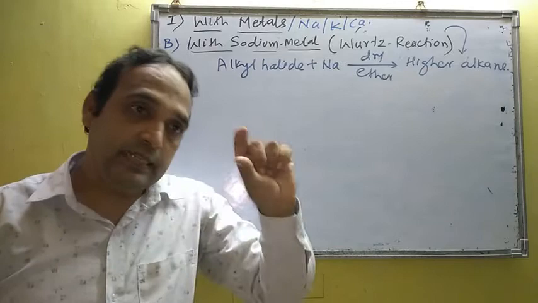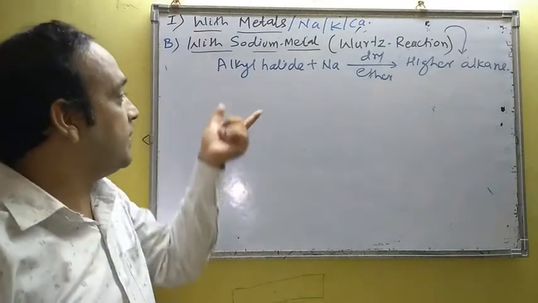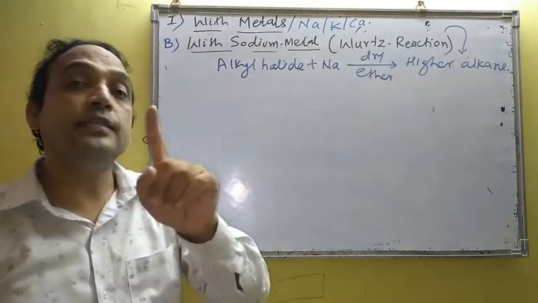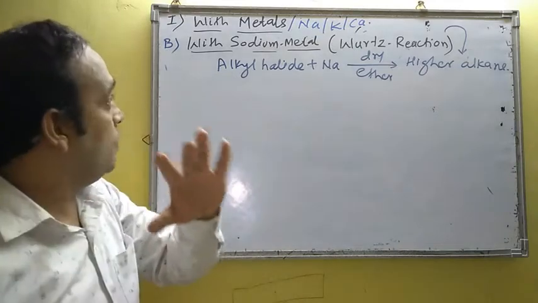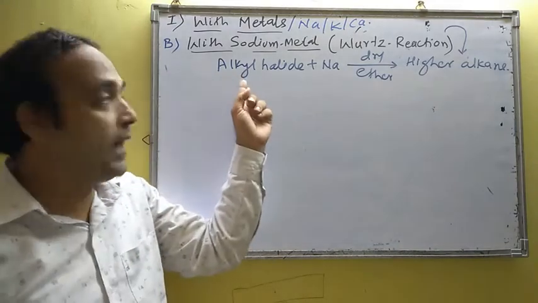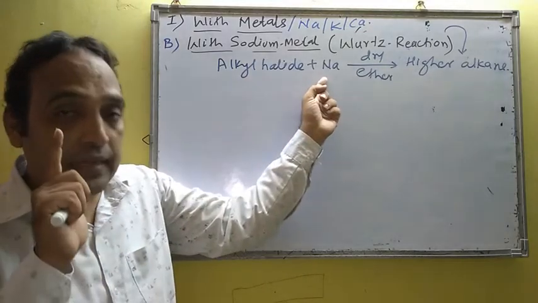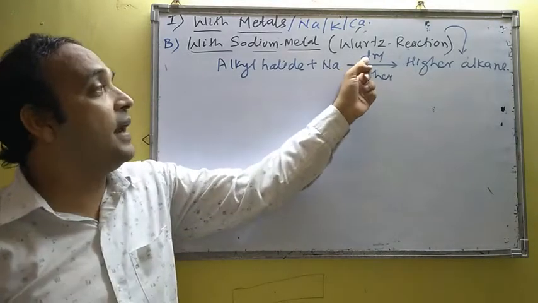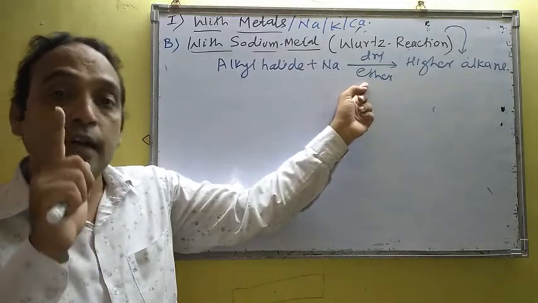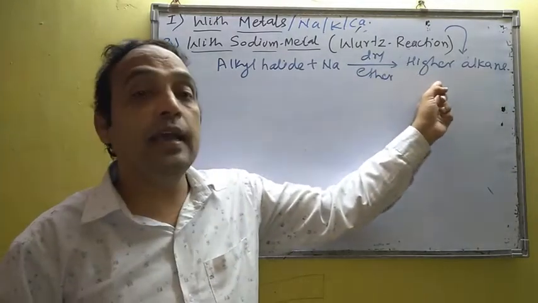When you write this statement, it carries 1 mark, and the reaction carries 1 mark. So what is the Wurtz reaction? A reaction in which alkyl halide reacts with metallic sodium in dry ether, which acts as a solvent, to form a higher alkane.